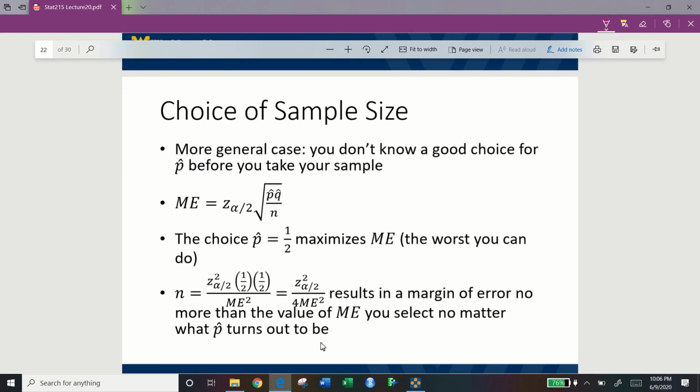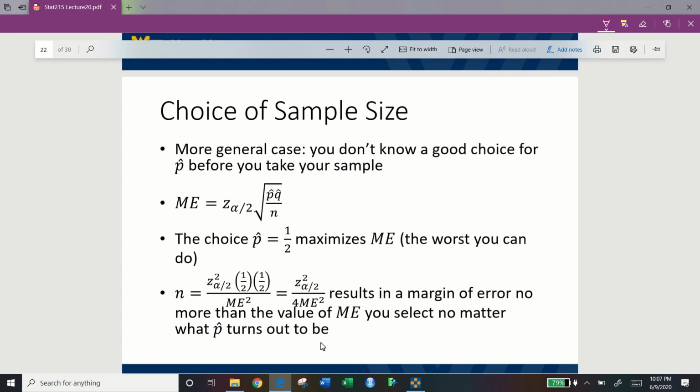Let's keep going. For a more general case, you don't know a good choice for p hat before you take your sample. Recall, our margin of error is Z alpha over 2 multiplied by the square root of p hat q hat over n. Our choice of p hat equal to 1/2 is going to maximize our margin of error, meaning it's the worst you can do. The reason is that if p hat is 1/2, then q hat will also have to be 1/2.